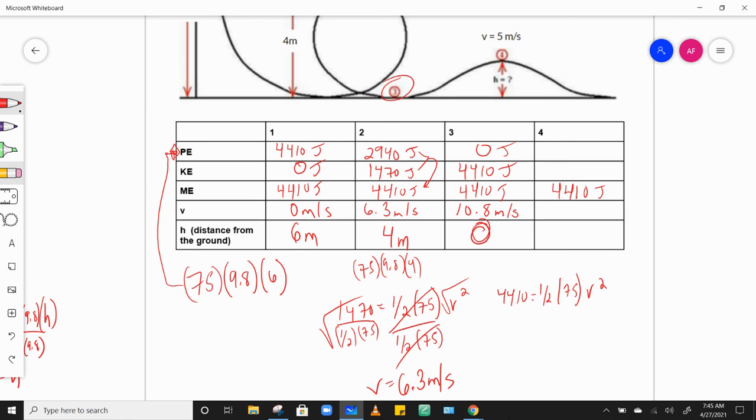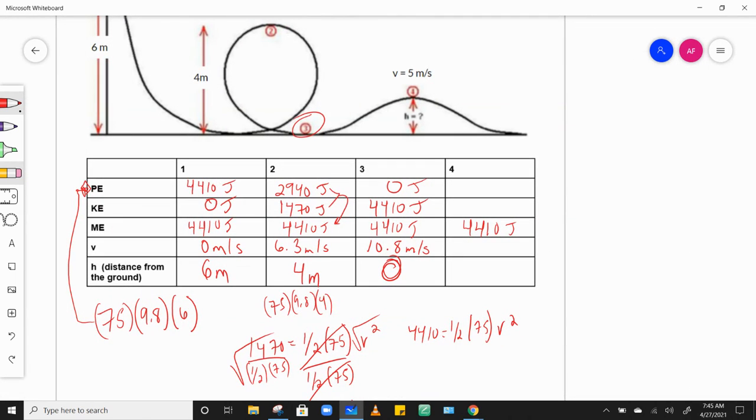Okay, next one. Next one's probably the trickiest part. So here we have the velocity equals 5 meters per second. Using that, we can find the kinetic energy. So kinetic energy is equal to 1/2 times the mass, which is 75, times velocity squared. 0.5 times 75 times 25.